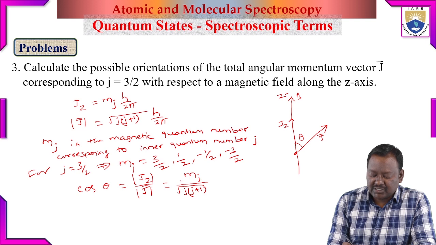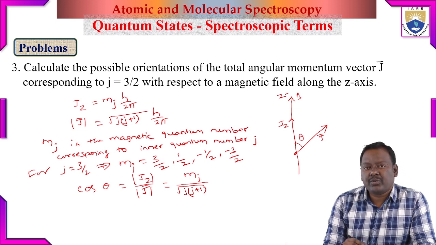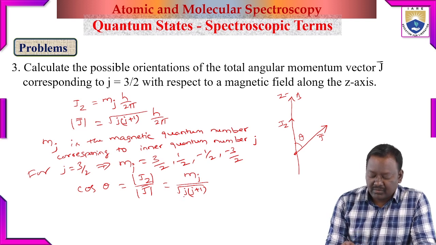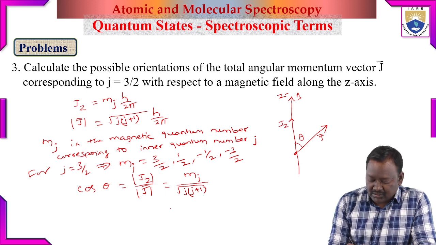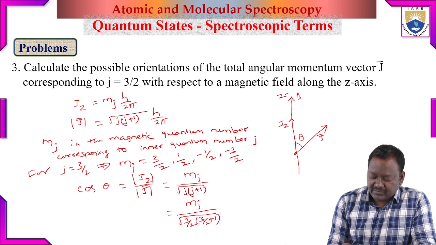The value of mj changes. There are 4 possible values for mj, but j is equal to 3/2. So this is equal to mj by square root of 3/2 into (3/2 plus 1).